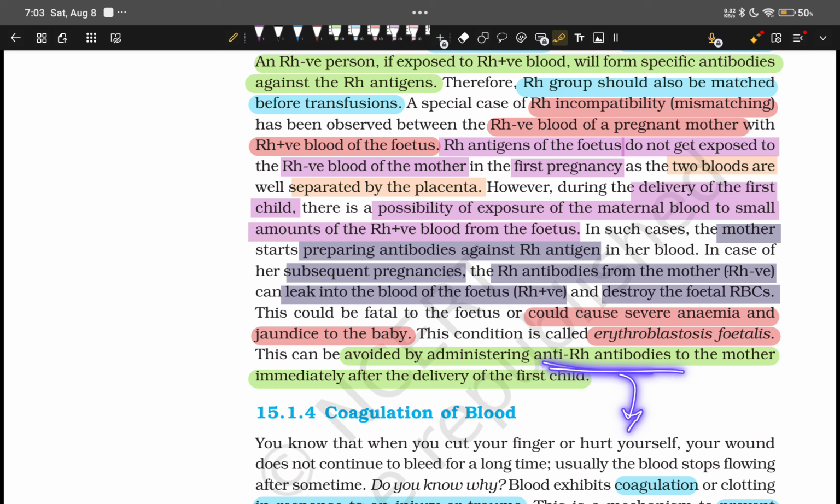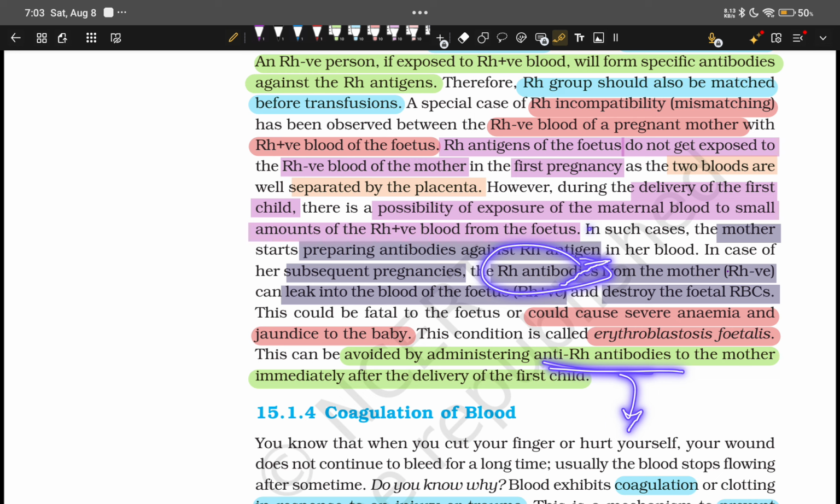Unlike antibodies formed in the mother's blood by her own body, which will persist, so that when an Rh-positive fetus is again formed in a subsequent pregnancy, this fetus will be attacked by the antibodies of the Rh-negative mother that were formed in the first pregnancy delivery, and those Rh antibodies will destroy the RBCs of the fetus if they come in contact with it.